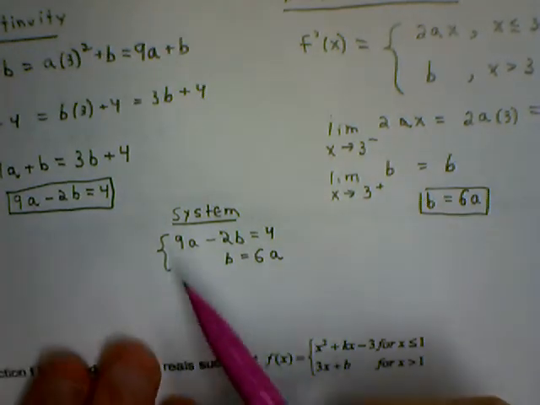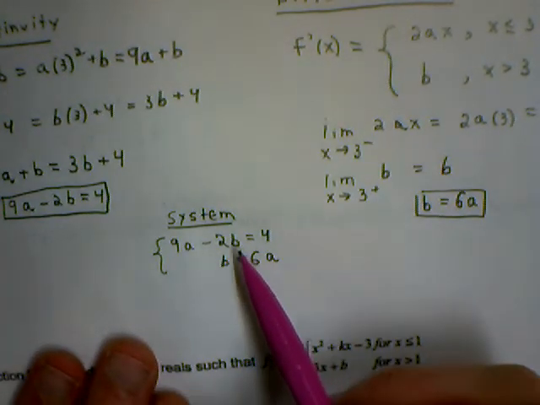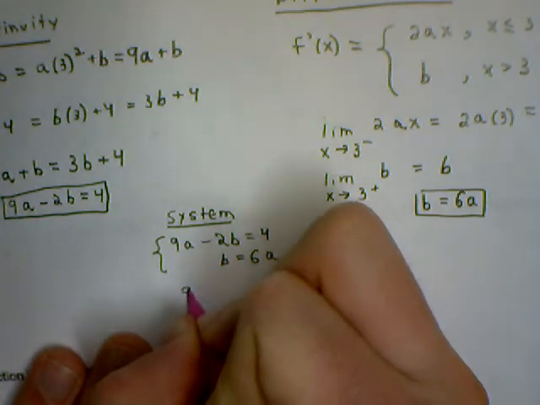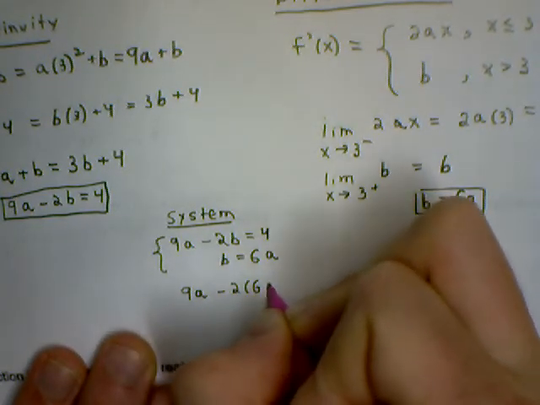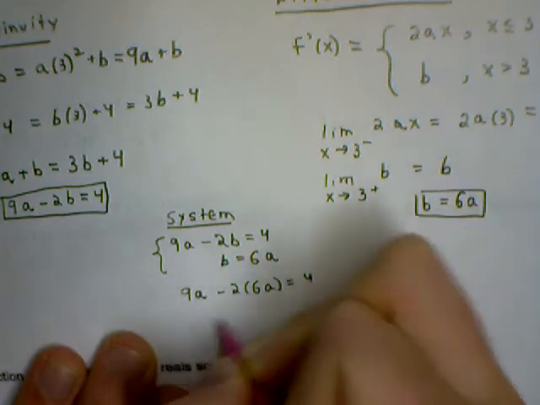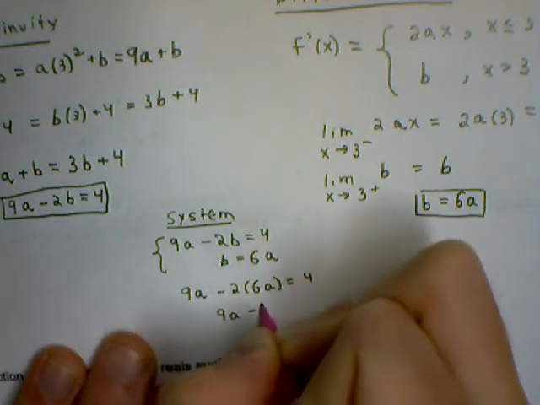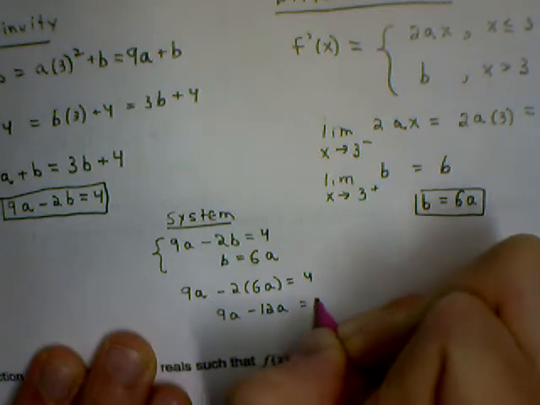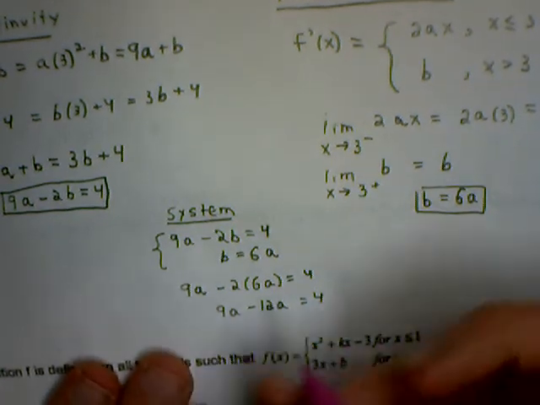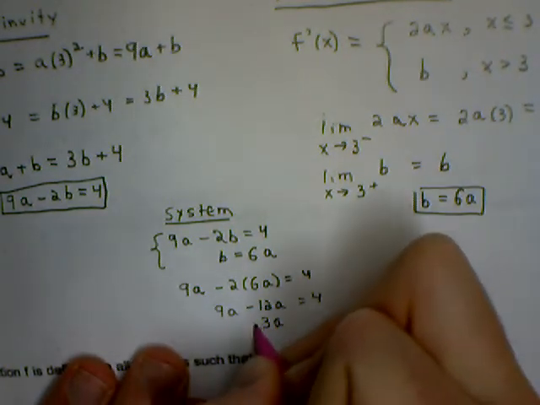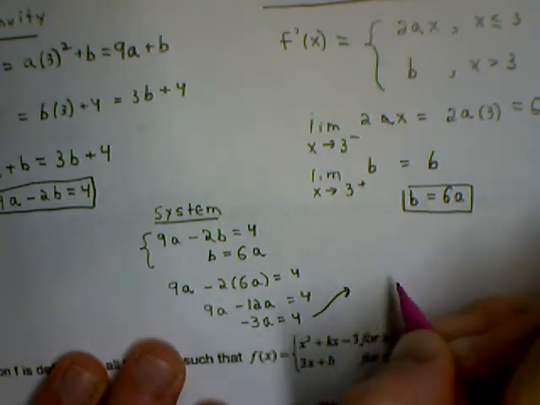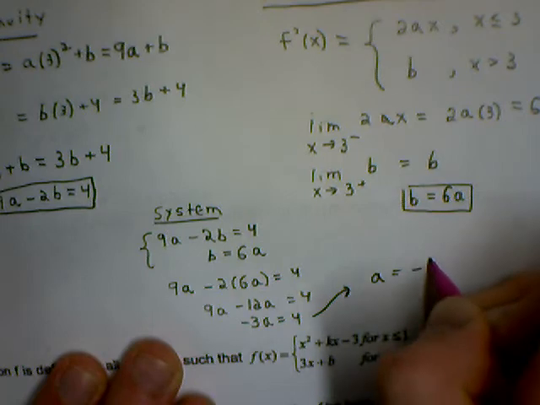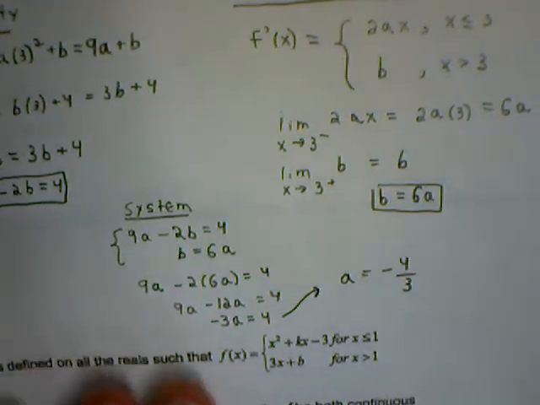I'm just going to use substitution here, and I'm going to put the 6a in for b. So I have 9a minus 2 times 6a equals 4. That's 9a minus 12a equals 4. Negative 3a equals 4. So when you divide, a is negative 4 over 3.